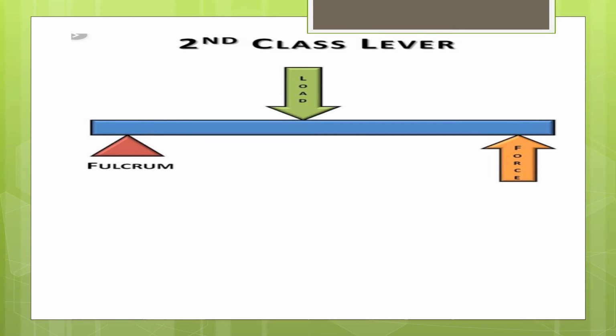If you want to determine the effort force arm and the resistance force arm here in the picture, you can see that the distance from the fulcrum to the effort force, which is the longest distance here, is the effort force arm, while the distance between the fulcrum and the resistance force is the resistance force arm, which is smaller.